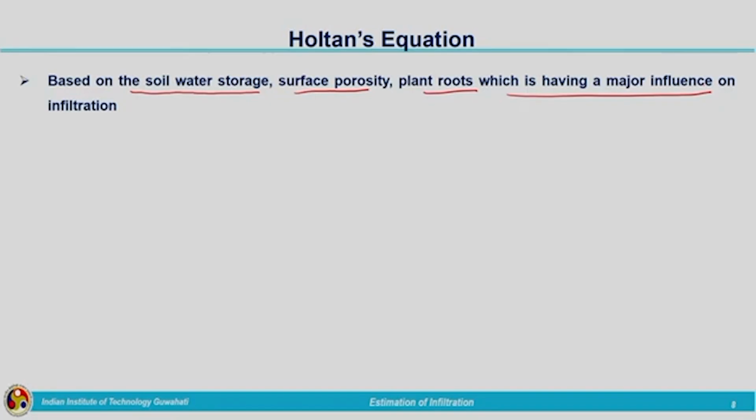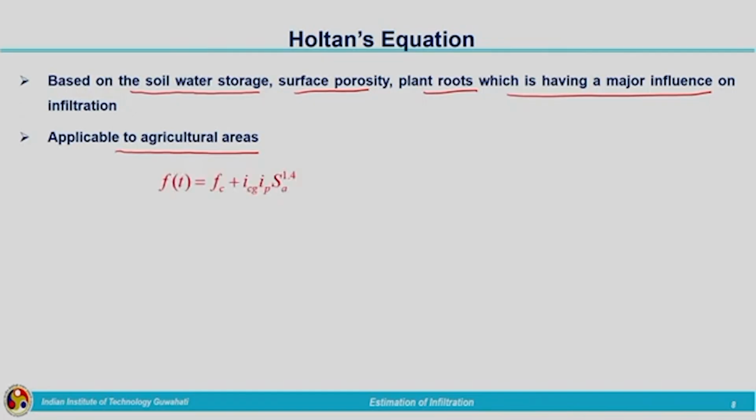If plant roots are more, they will create some extra pores, macropores, within the soil, which will aggravate the infiltration rate. That is also taken into account while deriving this equation. So, this can be applicable to agricultural areas, where more plant roots will be present, and it will give more reliable answers.